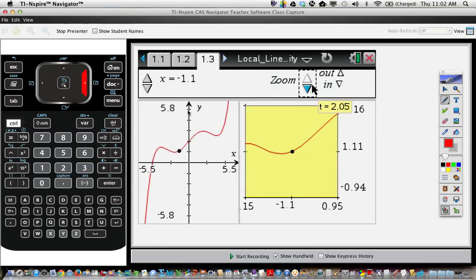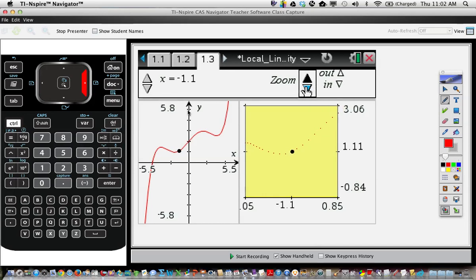All right, and what we want to do here, and I've been talking about this for a few days now, is understand what locally linear means. Locally means in a small local region. Linear means line. When you have a curve, if you look at a tiny little space around a point, the curve essentially becomes a line. So go on here, the bottom one where it says to zoom in, and just click and hold that down.